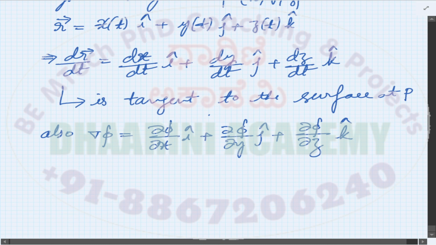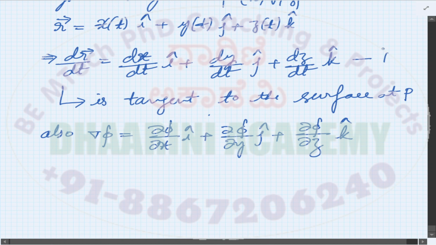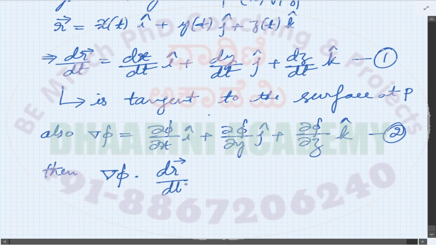Okay, so let us take the dot product of these two. Let me call this equation 1 and this equation 2. I know that both are vectors, so when you have vectors, you can definitely take the dot product. So I'm going to take the dot product of del phi with dr by dt.